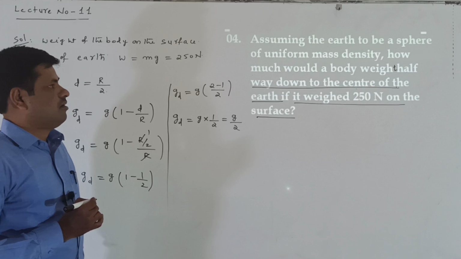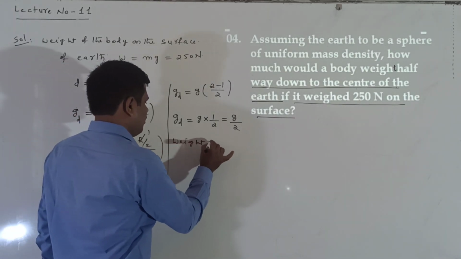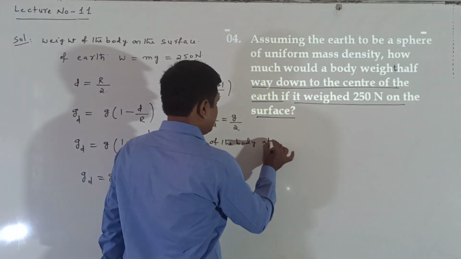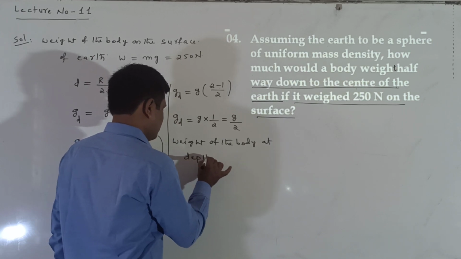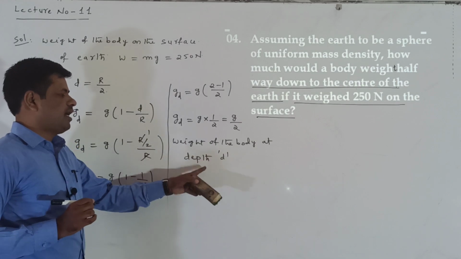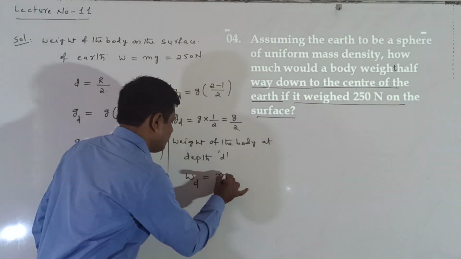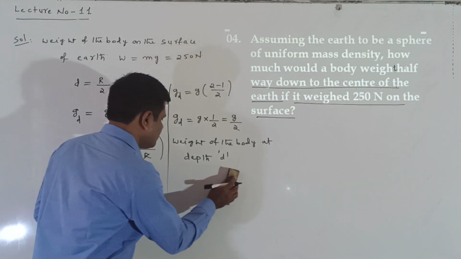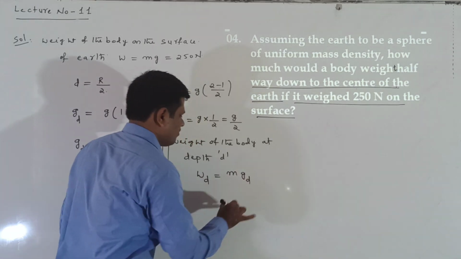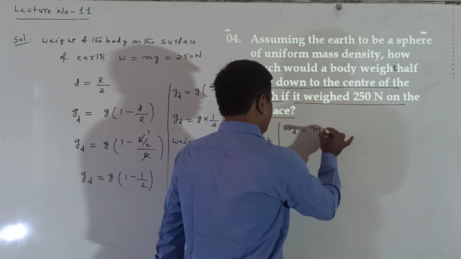Now I am finding the weight at depth D, where D is equal to r by 2. The weight of the body at depth D, WD, you can also take W dash, is equal to m into GD.